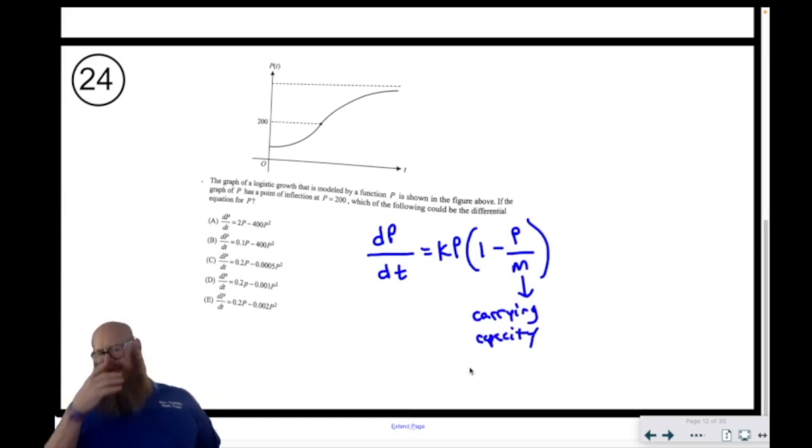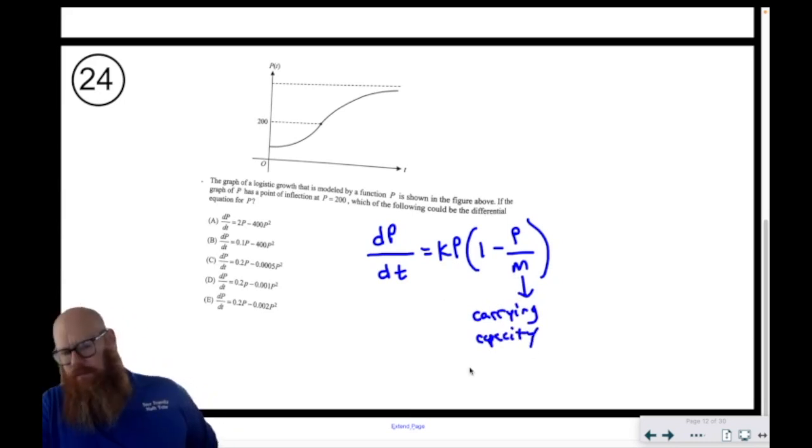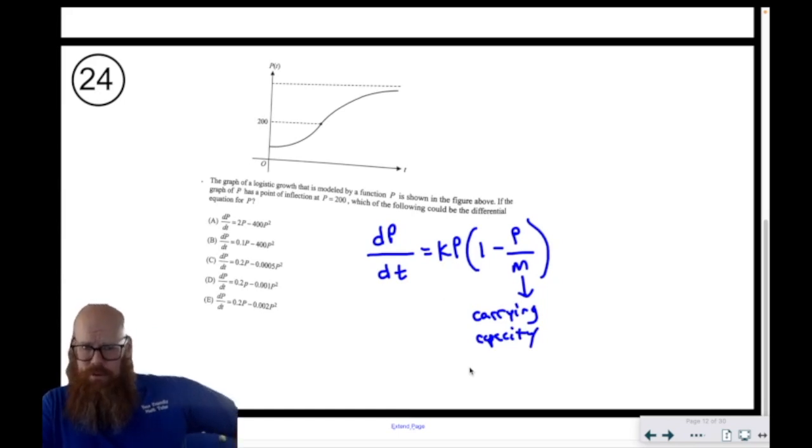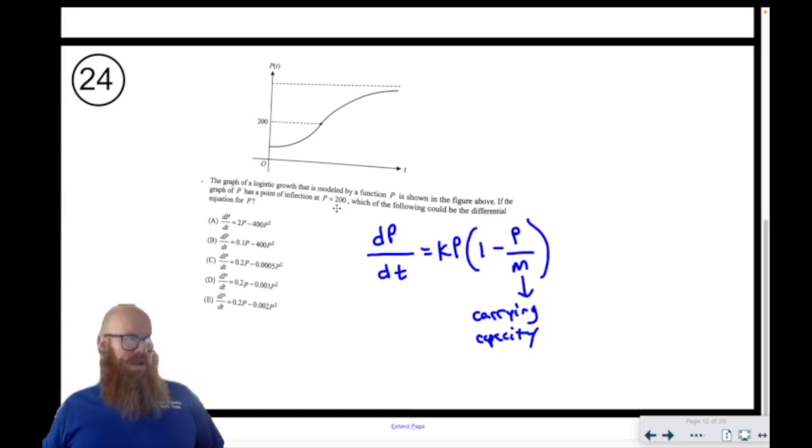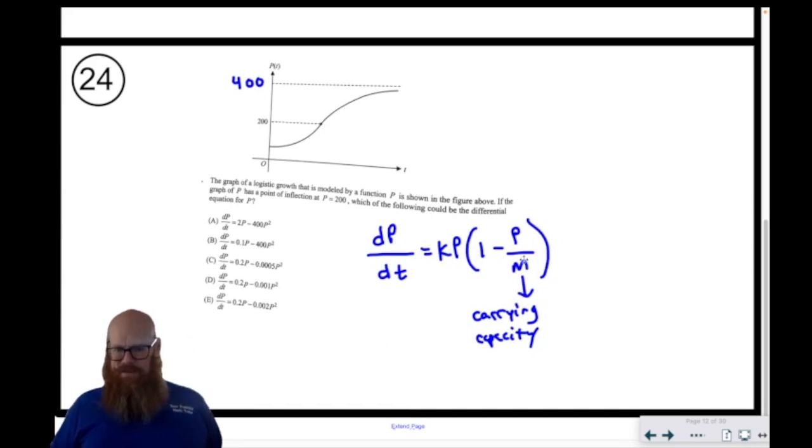Right, which is just the maximum amount of the population based off of resources. And the inflection point always occurs at half of that. So it reaches its inflection point whenever we're at half of the carrying capacity. So that tells us that the carrying capacity is at 400. All right, so that tells us that m is 400.